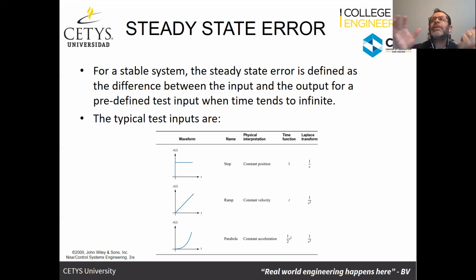Now, let's imagine that we're talking about a mechanical system of movement. So what would the step input represent? The step input would represent a current position, a constant position. So the step represents position. And we already know the time function and the corresponding Laplace function.